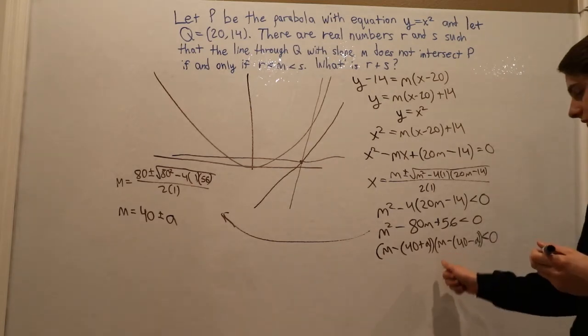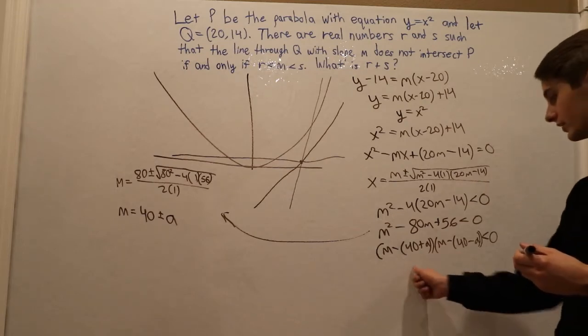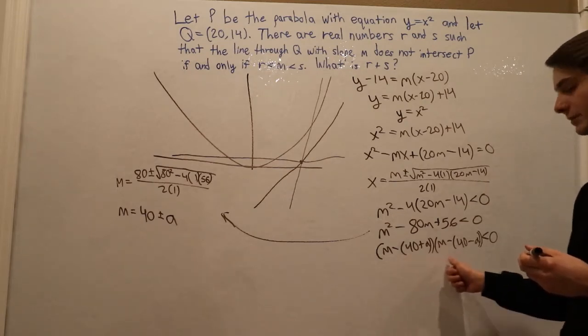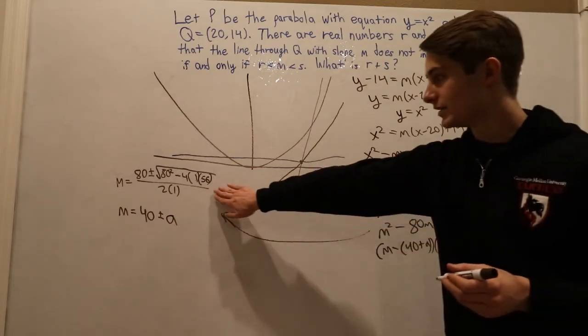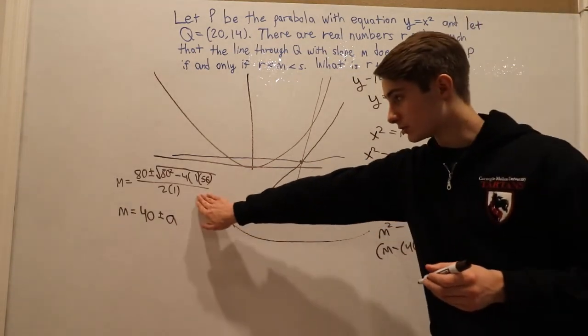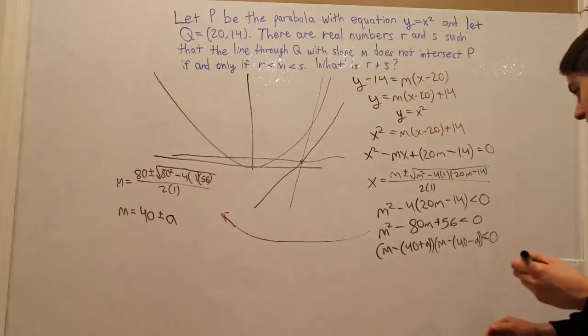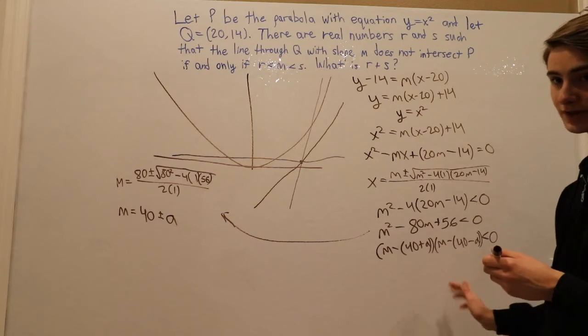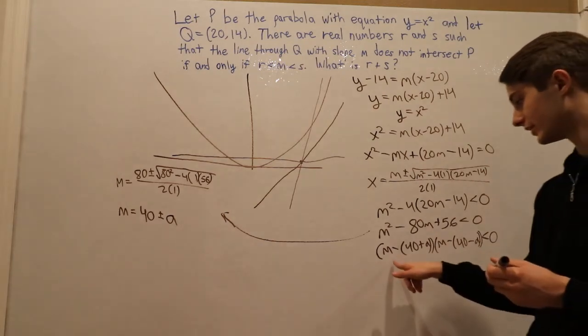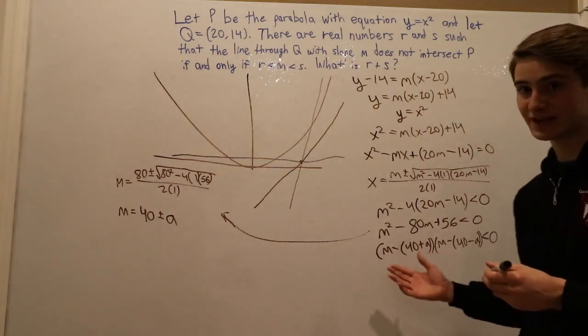Now, when we look at this equation, we need to have one of these parts being positive and one part negative for this to be less than 0. Now, because a is a square root, we know that a is positive, which means that when we do minus minus a, that's going to be the same as plus a, a positive number. And on this part, we have a minus a, which will be negative.